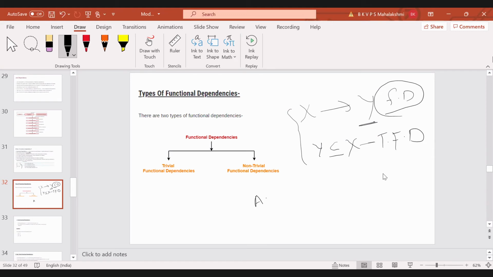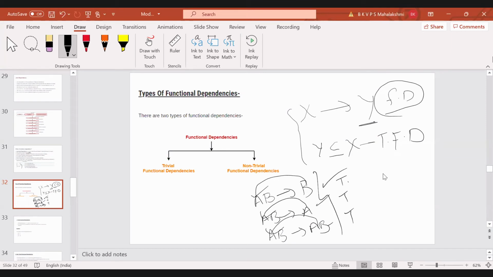Suppose AB tends to B, AB tends to A. Yes, it is a subset of this. So trivial, subset of this, equal to X, trivial. So this kind of functional dependencies are trivial functional dependencies.